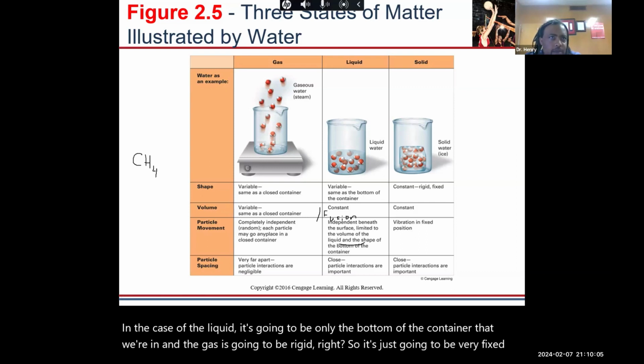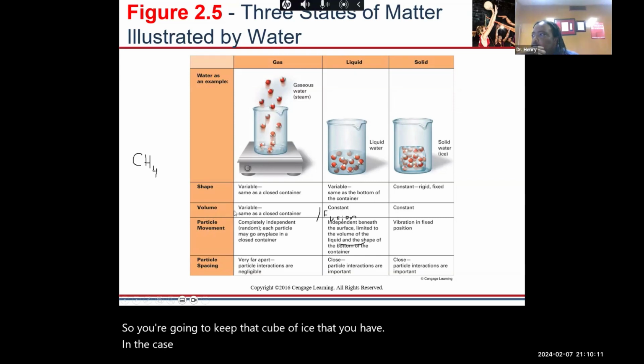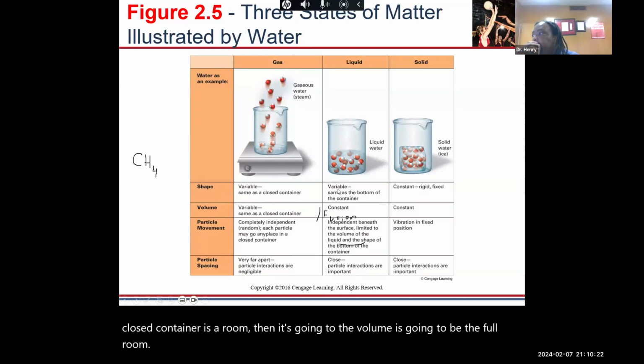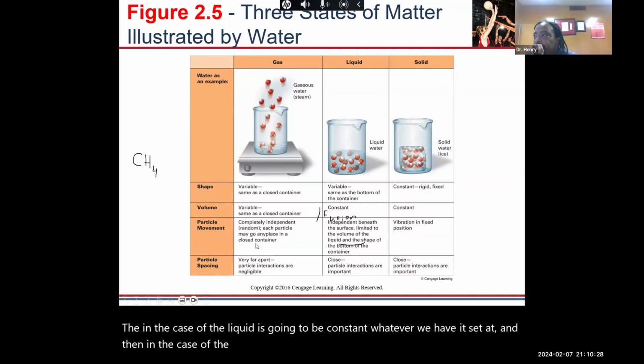You're going to keep that cube of ice that you have. In the case of volume, it's going to be the same as the closed container. So if my closed container is a room, then the volume is going to be the full room. In the case of the liquid, it's going to be constant, whatever we have it set at. And then in the case of the solid, it's also going to be constant.